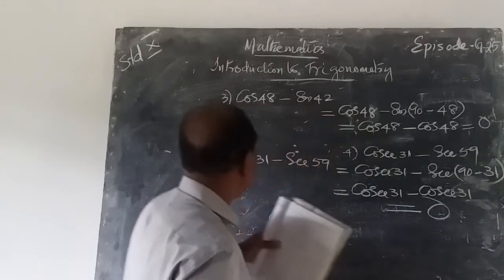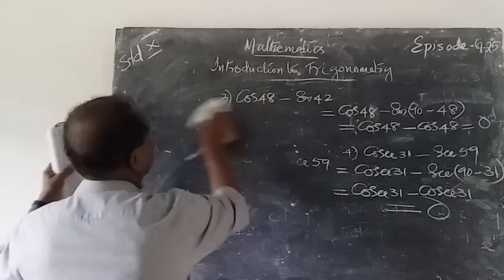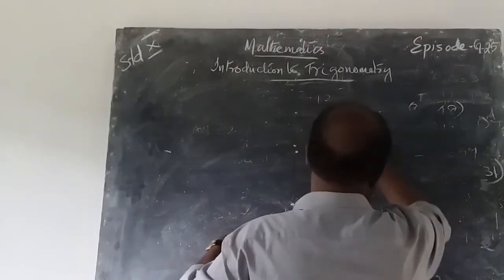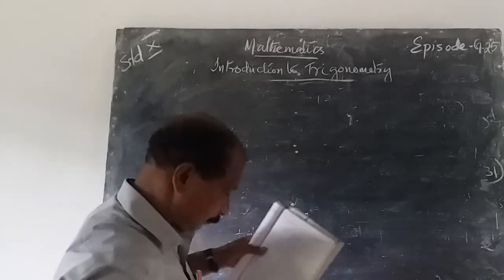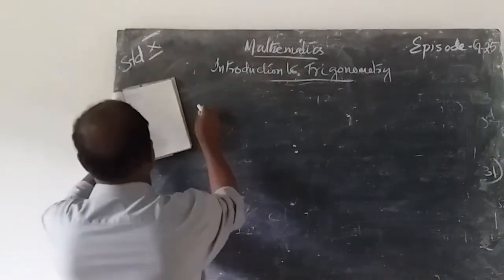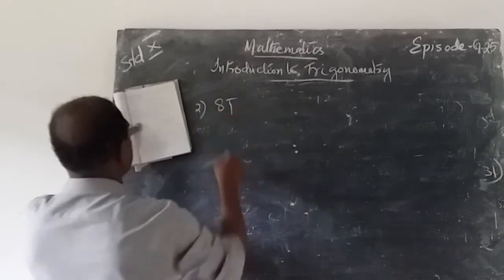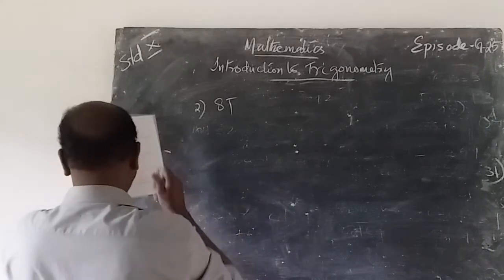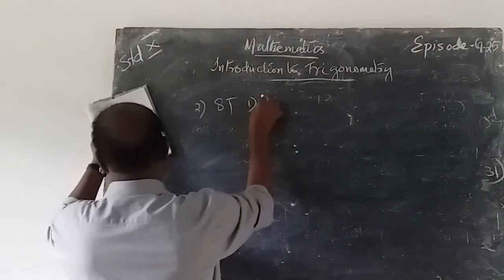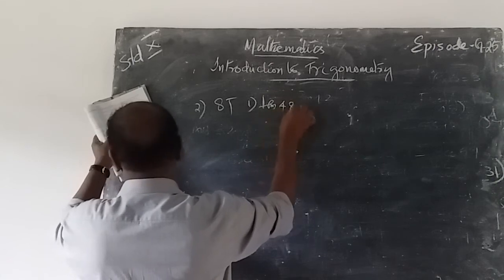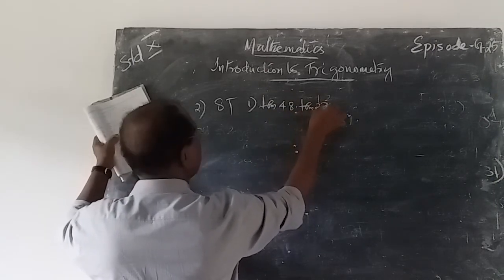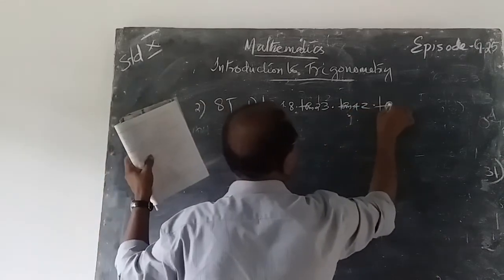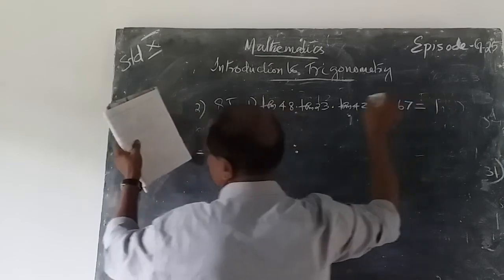Then the second question of exercise 8.3. That is, show that: question number 1, tan 48 into tan 23 into tan 42 into tan 67 is equal to 1.